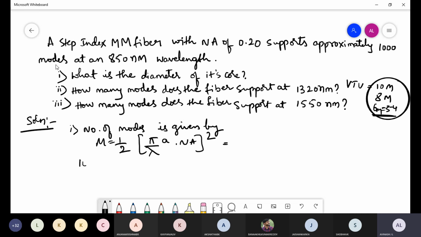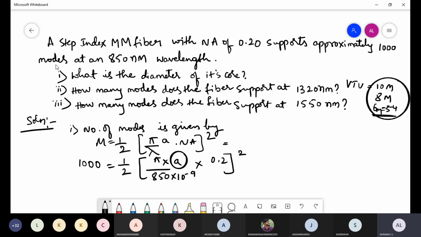In this particular question, 1000 is equal to 1 by 2 into (2 pi into a divided by 850 into 10 to the power of minus 9) into numerical aperture 0.2, whole square. Nanometer means 10 to the power of minus 9. In this entire equation, a is unknown.